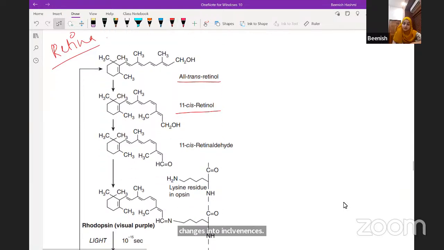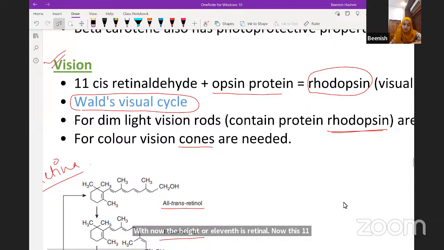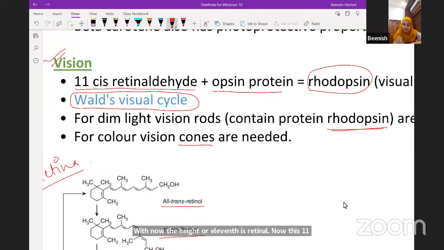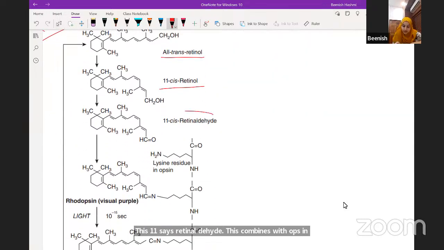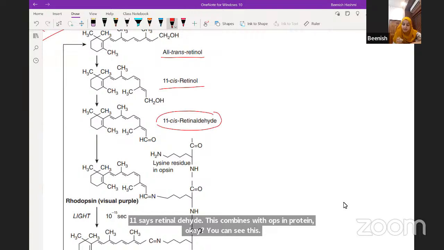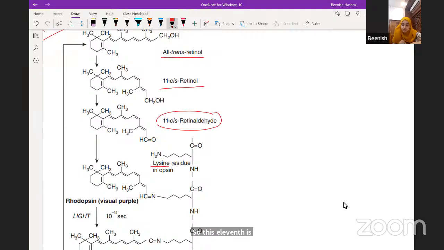Now this 11 cis retinaldehyde combines with the lysine residue in the opsin protein to form rhodopsin, and this rhodopsin is also known as visual purple.